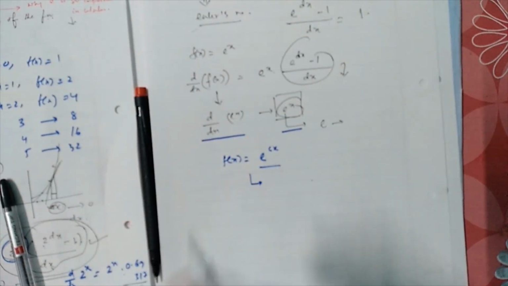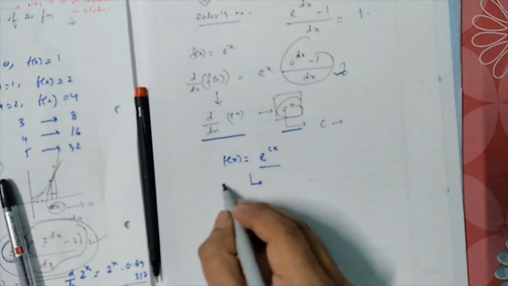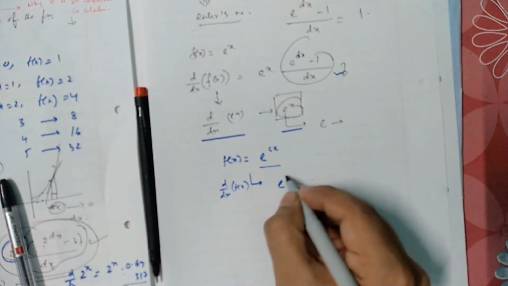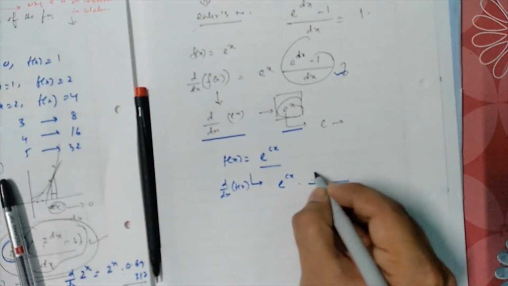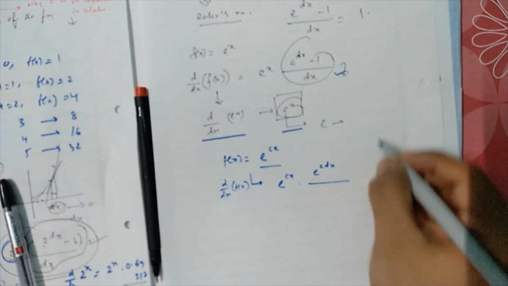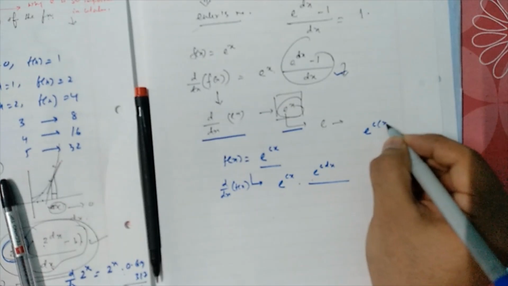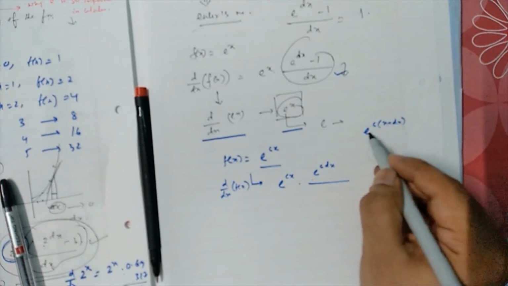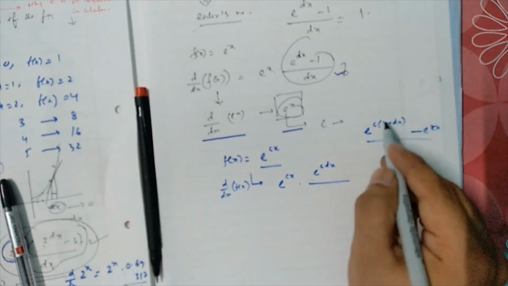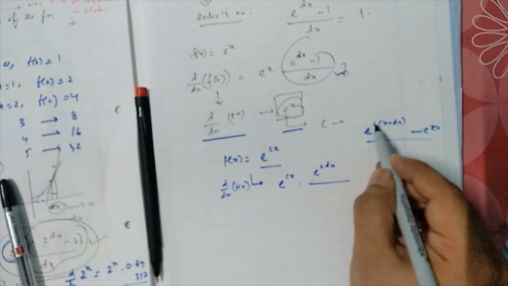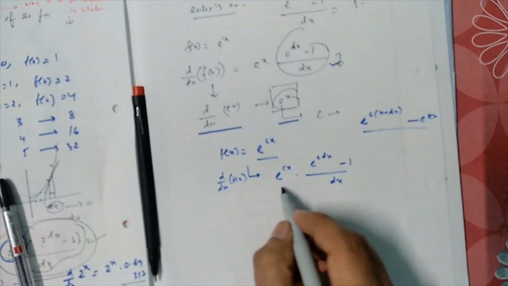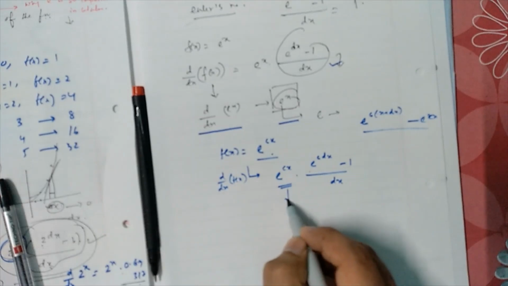According to this form, d/dx of f(x) will be (e to the power cx into e to the power c dx, that means e to the power c(x plus dx), minus e to the power cx) by dx. If we take it common, the remaining part will be (e to the power c dx minus 1) by dx. This part is the same as f(x), so f(x) remains the same.